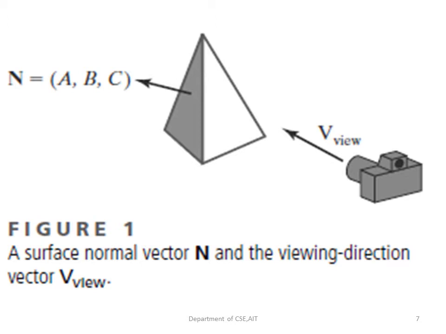Then one particular face is hidden because of the property. That means when I multiply N and V view and get a value greater than 0, this surface is called a hidden surface, so I can go for removing it.